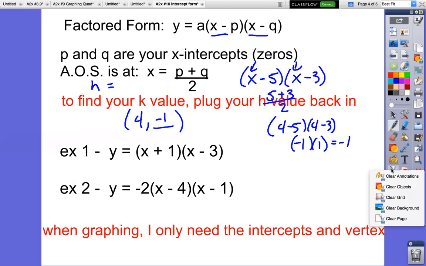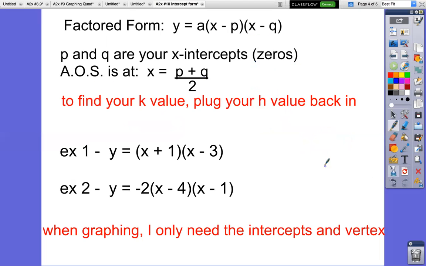So let's go ahead and do number 1 here. And I only put 2 examples up here. Number 1, if I were graphing, what are my x-intercepts? -1 and 3. So -1 and +3.